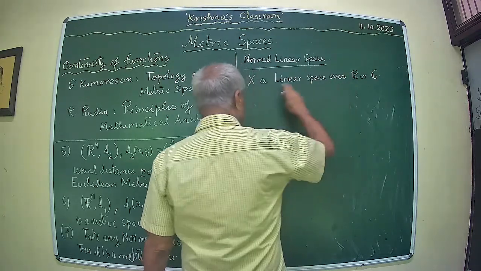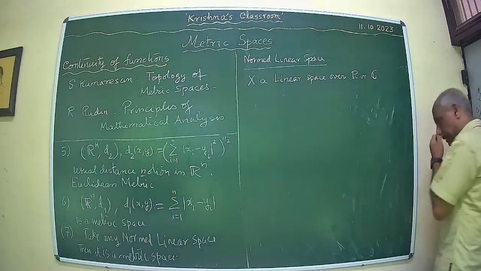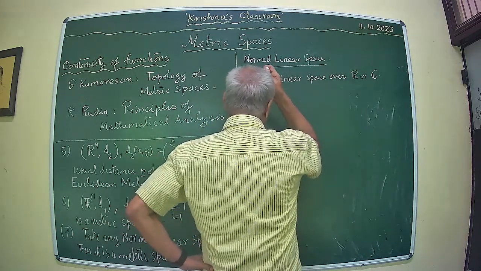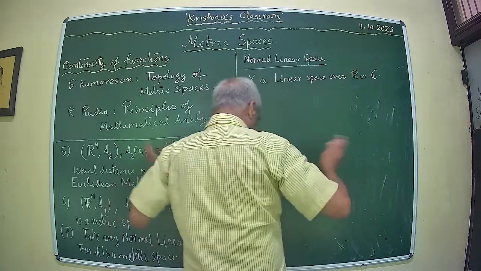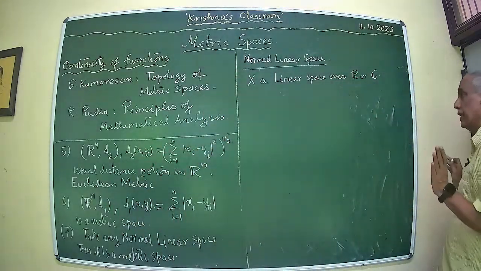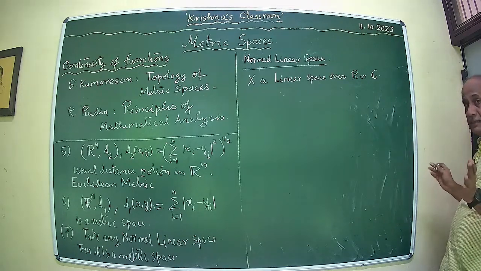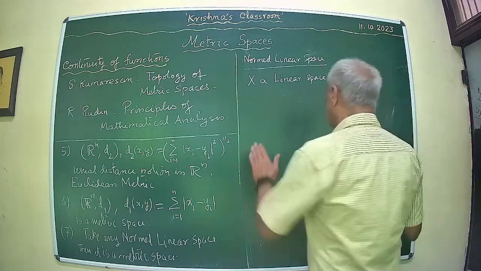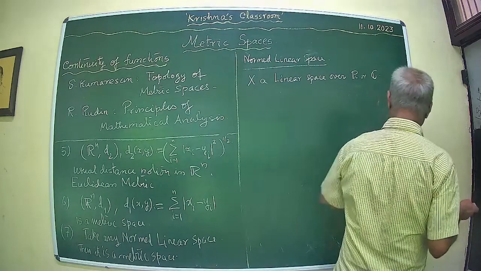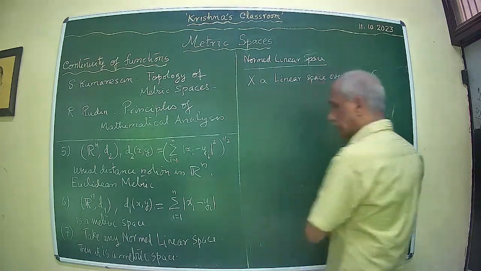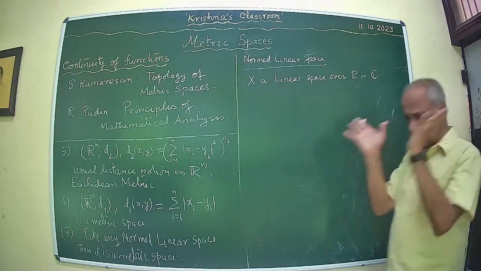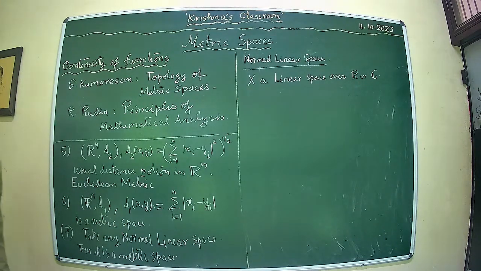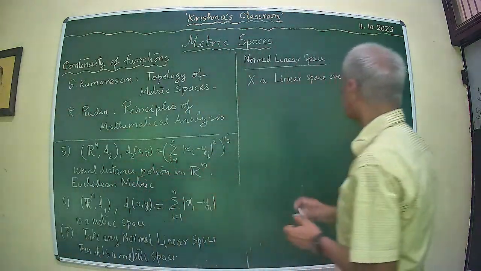All those who have done linear algebra would recall what a linear space is. When x and y are in X, then x plus y is in X, a scalar multiple of x is in X, and so on, satisfying the rule of addition and scalar multiplication that you define, which is modeled on R3 or R2, the vectors in R2 or R3. So these are called vector spaces or linear spaces.